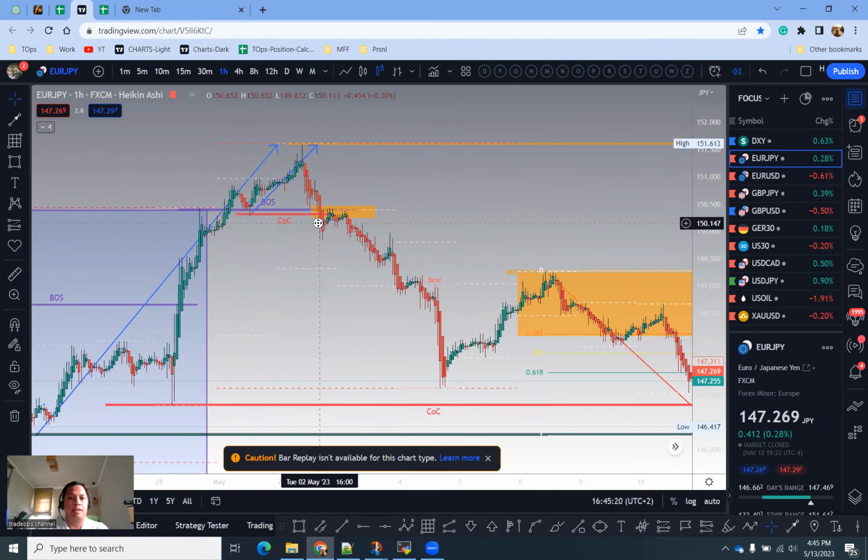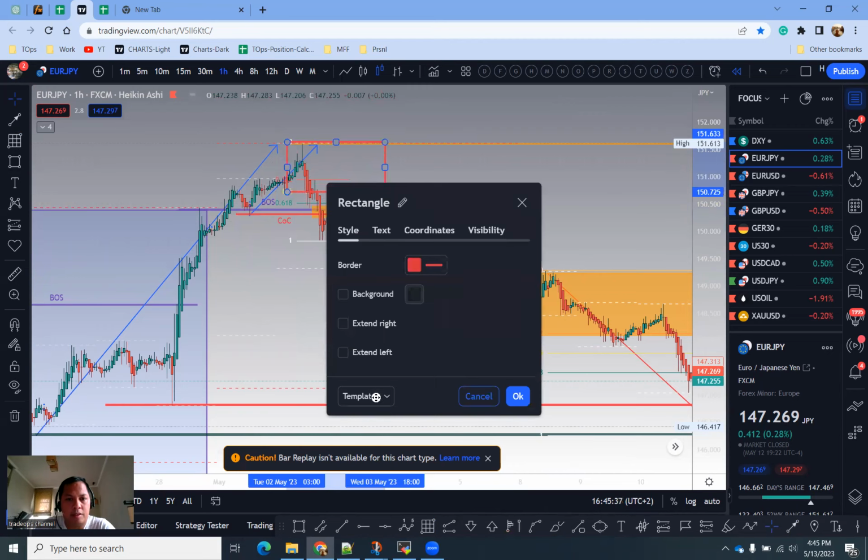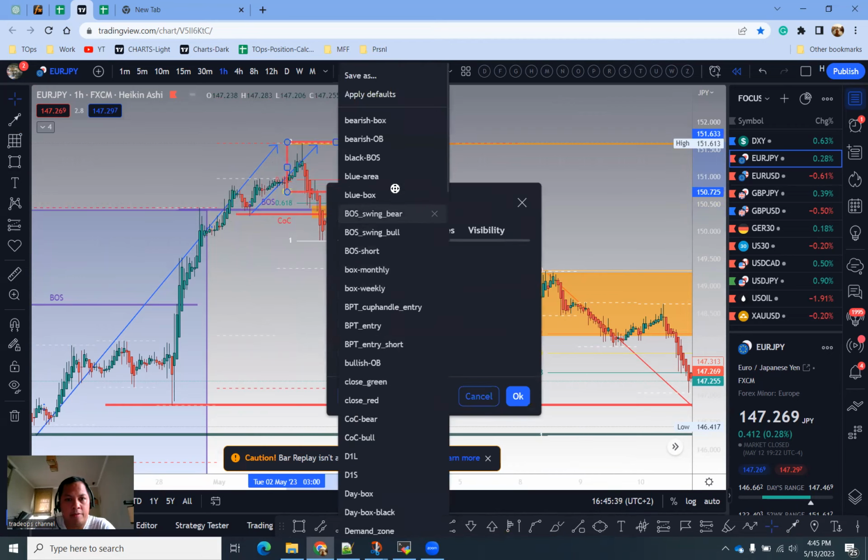So because of meron na break of the structure to the downside, mayroong key points na kailangan natin. Ito yung mismo from the origin of the move to the swing, and then consider natin yung upper 50%. So bearish OB, bearish OB.